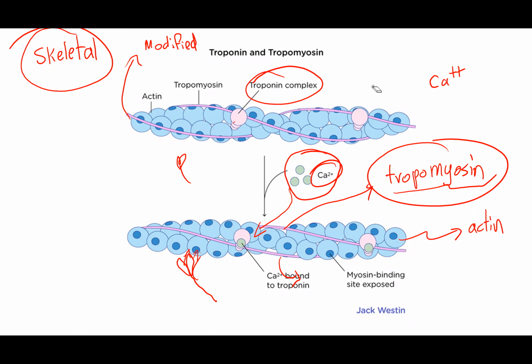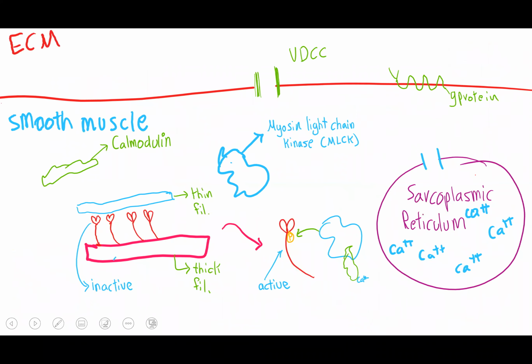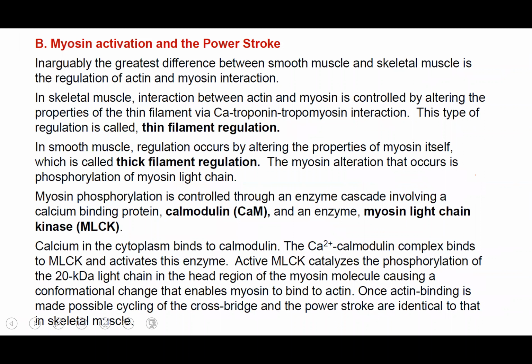These are the differences. So this modifies the thin filament in skeletal muscle. In smooth muscle, it modifies the thick filament, which is myosin right here. So let's go through the slides real quick. It says that in skeletal muscle, it's the thin filament that's regulated. In smooth muscle, it's the thick filament that's regulated.